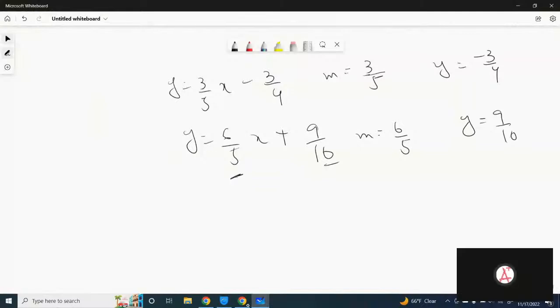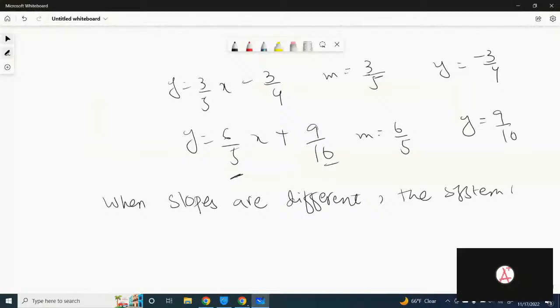When the slopes are different, that means the system is consistent and independent. Got it?